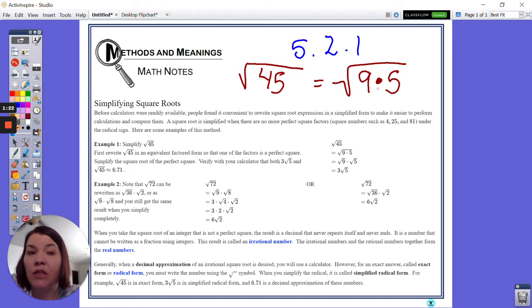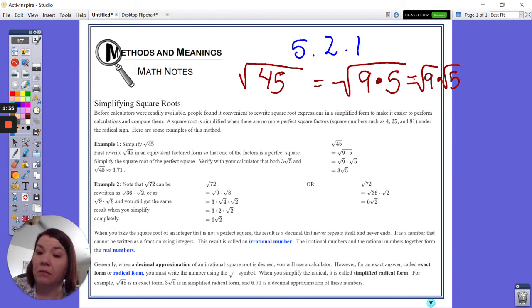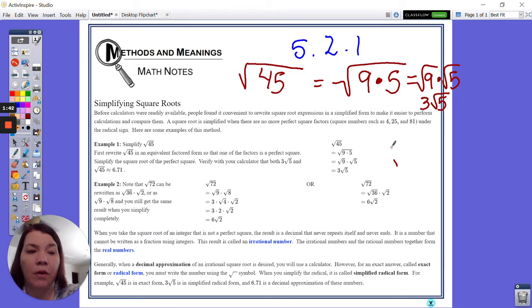But I can take the square root of 9 without a calculator. So once I have this, I can rewrite that as square root of 9 times the square root of 5, because that's fine. And the square root of 9 is 3. And so we say that the square root of 45 in simplest radical form is equal to 3 radical 5.